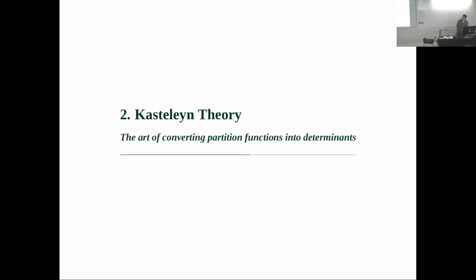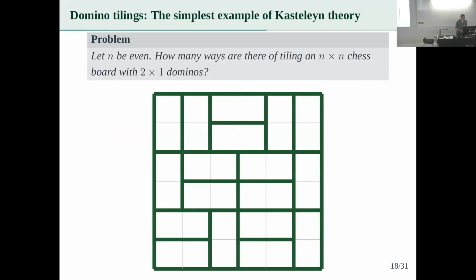So there's a tool in integrable probability called Kasteleyn theory, which has been used to solve various models in statistical physics. A really simple example, a really simple problem is if you take n even and you look at the n by n chessboard, of course it has an even number of squares.